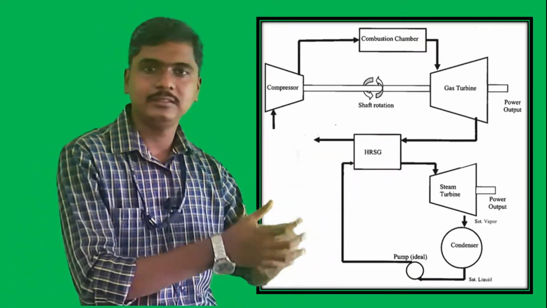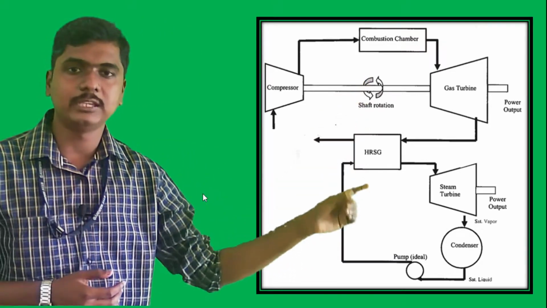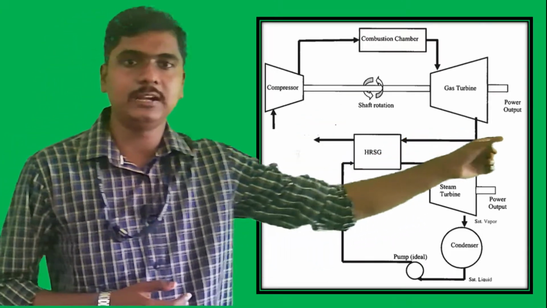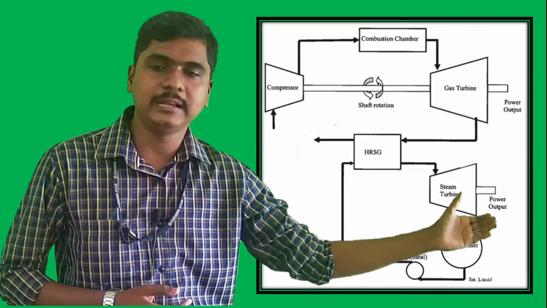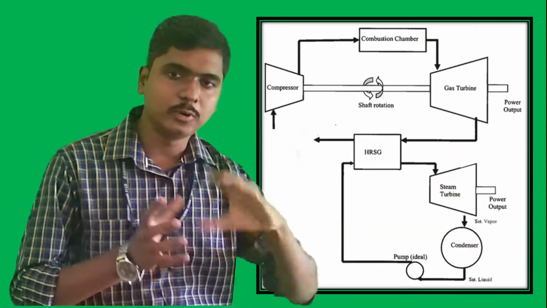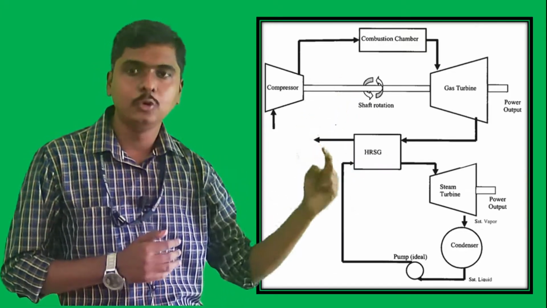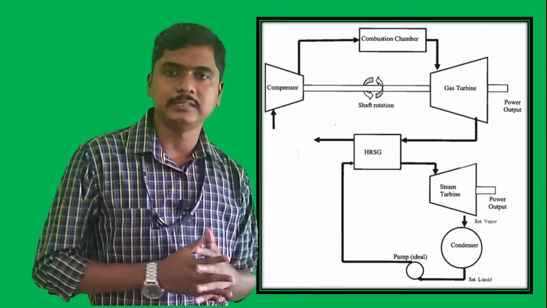Okay, so like this process, what we have done here is we have coupled two cycles. We have combined two cycles over here. So here we will get some mechanical work output. Okay, here also we are going to get some mechanical work output. So overall, the net mechanical work output of this cycle will be more as compared to the individual cycle.